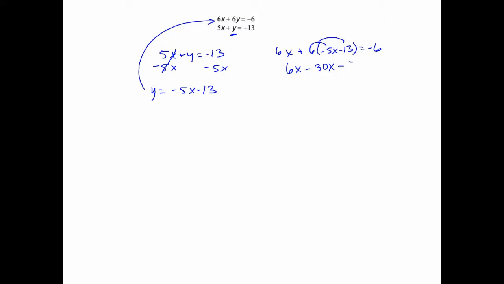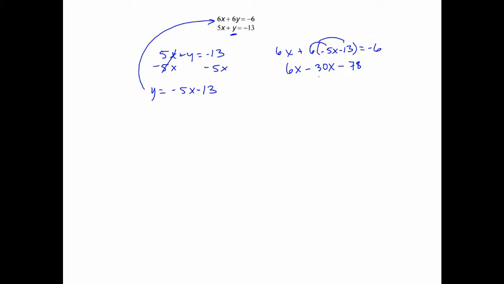I think that's right. Let me just double check on the calculator that I have on hand. I'm pretty confident in that, but that was a lot of mental math, just to double check here. So 6 times negative 13, negative 78. Man, good thing I'm a math teacher.